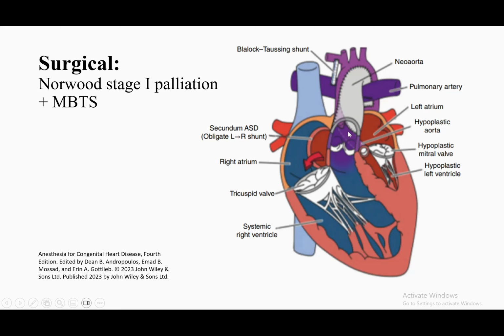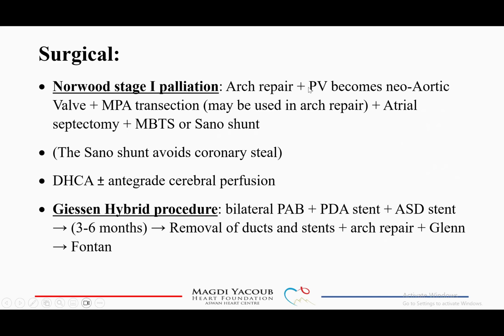And in this case, the entire heart becomes oxygenated, and the blood in the entire heart is pumped through this new aorta to the aortic arch, and then some passes to the pulmonaries. Deep hypothermic circulatory arrest, plus or minus antegrade cerebral perfusion.